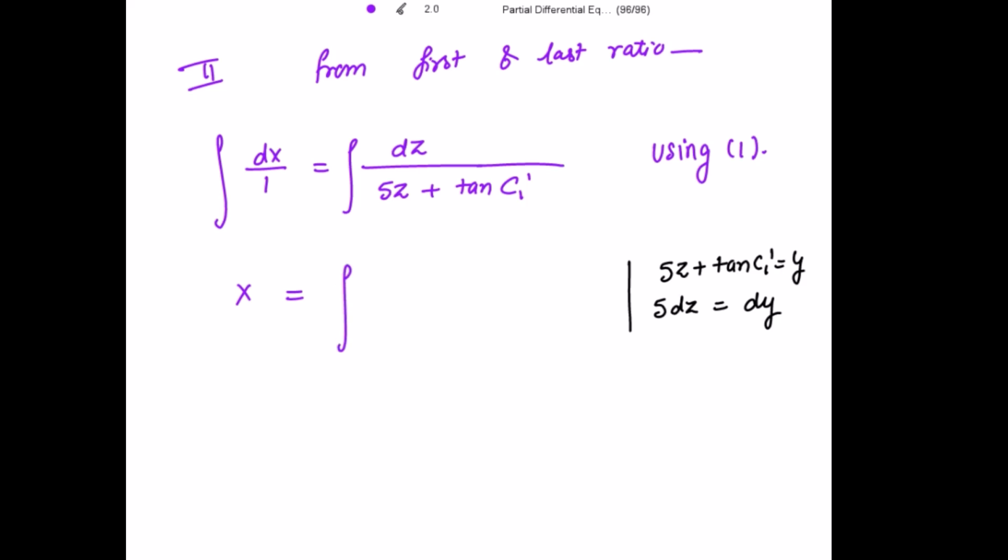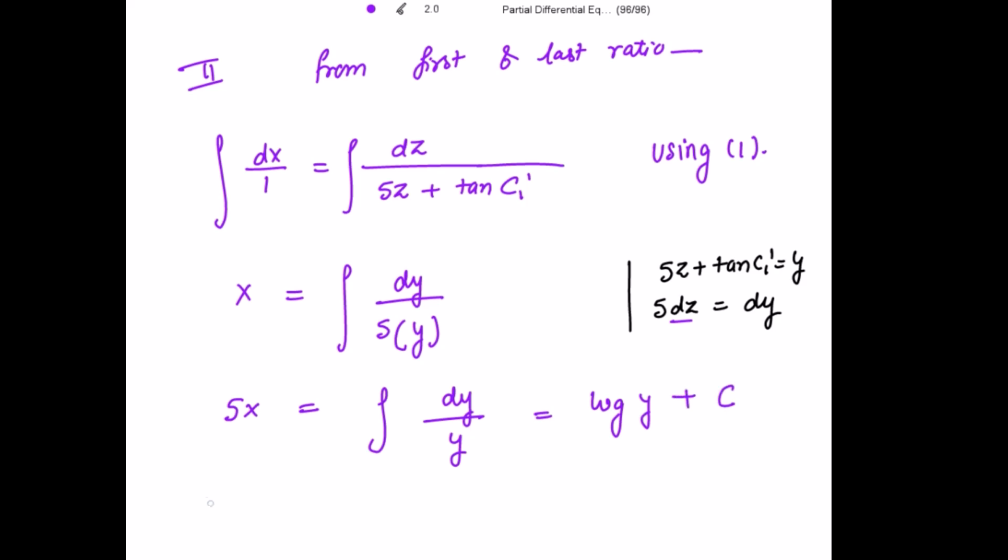So this integration becomes, for dz I'm writing dy by 5, and for the denominator I write y. Taking this 5 to the other side, we get 5x equal to, okay, the integration of 1 by y with respect to y is log y. So this is log y plus a constant, and 5x equals log of what is y?